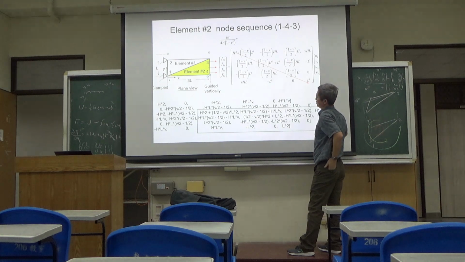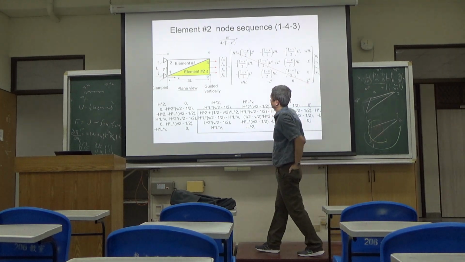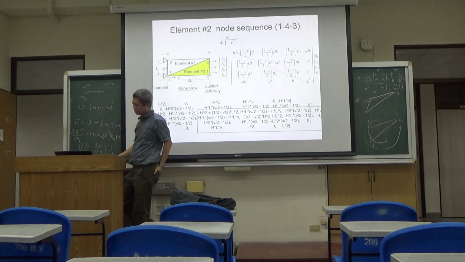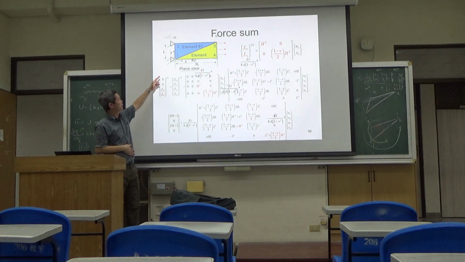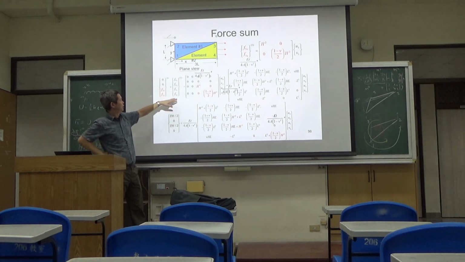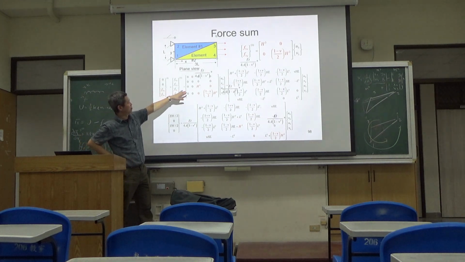The expression here is quite a tedious one. Then you sum the forces on node 3 and node 4. For the first element, you have a force contribution on node 3.